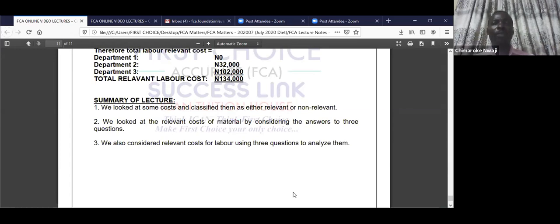Are these permanent laborers working at full capacity, or do they have spare capacity? If they have spare capacity, it's nil. If they have no spare capacity, the next thing to ask is if overtime is possible. If it is possible, fine, overtime premium is relevant. If it is not possible, then opportunity cost is relevant.